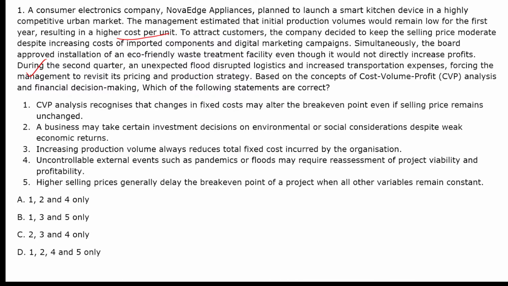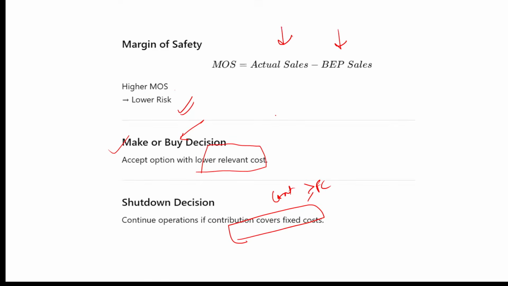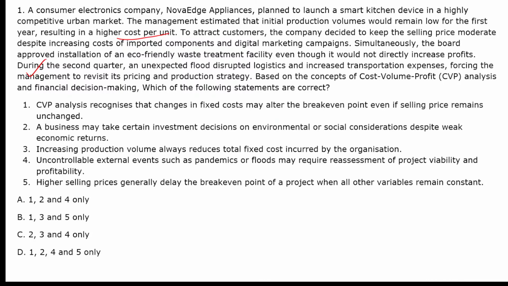Based on the concept of CVP and financial decision making, which of the following statements are correct? CVP analysis: sales minus variable cost will give you contribution, which, if you further subtract fixed cost, will give you profits. This is nothing but CVP, cost volume profit analysis. CVP recognizes that change in fixed cost may alter the break even point even if selling price remains unchanged.